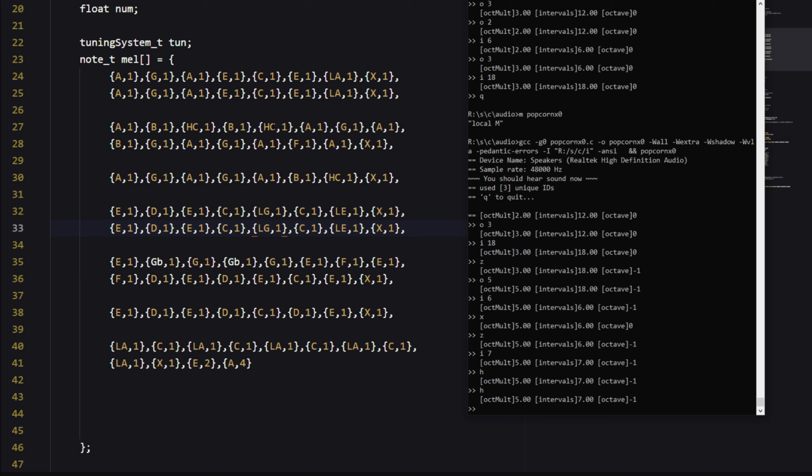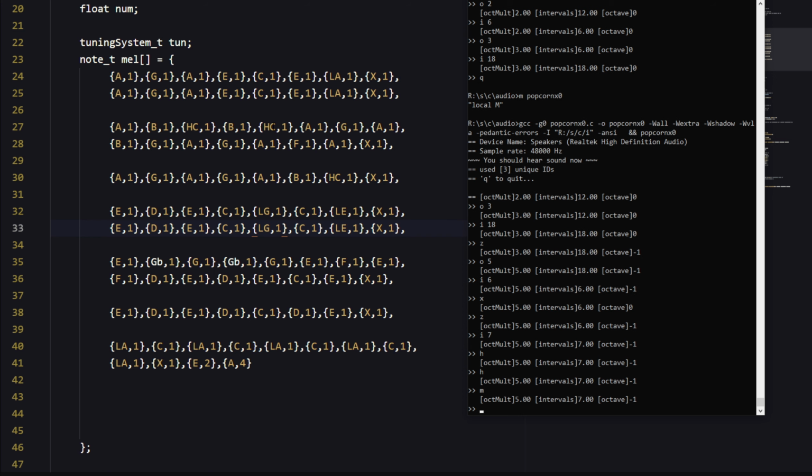Another very interesting thing, in my opinion, is that the octave multiplier doesn't have to be more than 1. So if it's smaller than 1, the frequency will not be higher when you go on a higher octave.